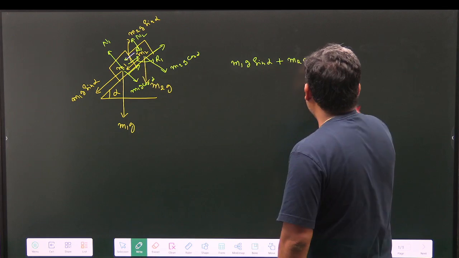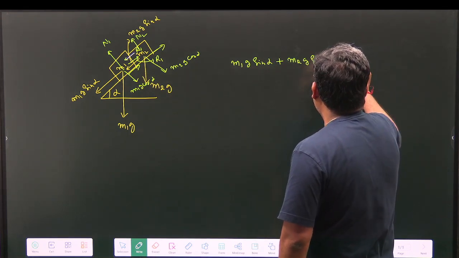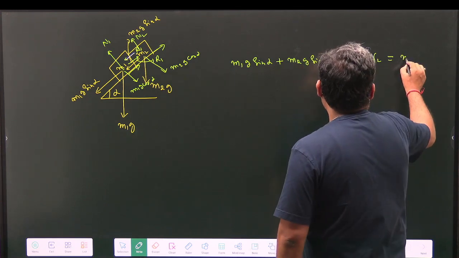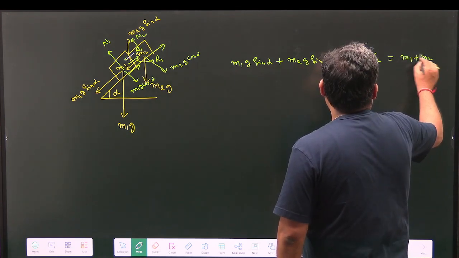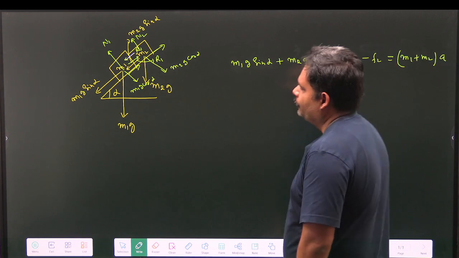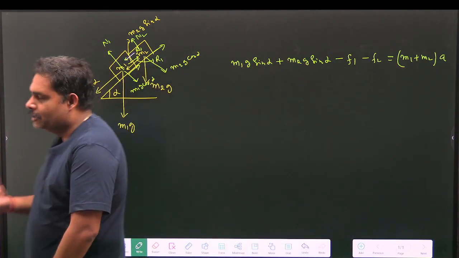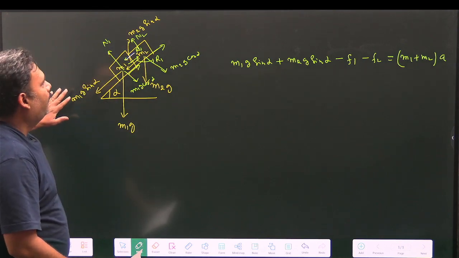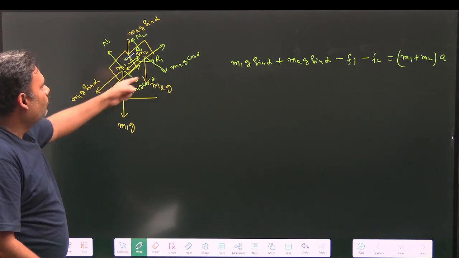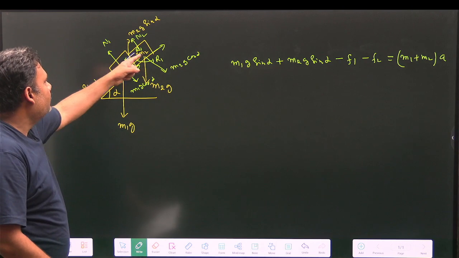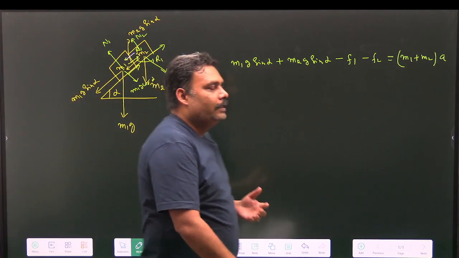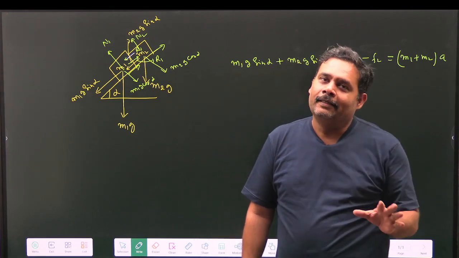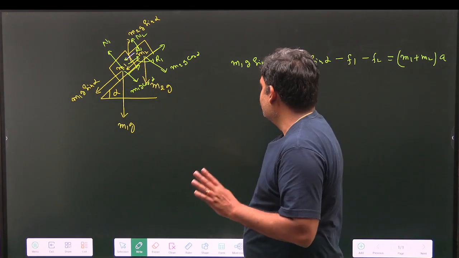So we have the frictional force F1 plus F2, and this value is equal to (m1 plus m2) into acceleration a. I have just assumed that these two bodies are moving with acceleration a. If I assume these two bodies as a single body, then the reactionary force is just an internal force, so I can avoid writing it in the equation of motion.